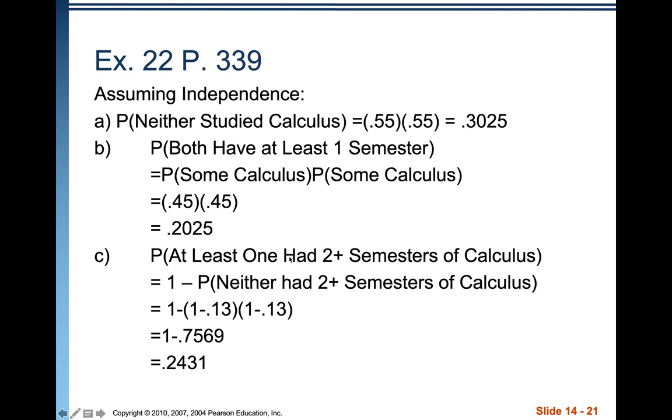So you can have the following situations: neither had 2 or more semesters of calculus, one had 2 or more semesters of calculus, or both had 2 or more semesters of calculus. So the easiest thing to do is to figure out the probability that neither one had 2 or more semesters of calculus, and then subtract that from 1. So it's going to be 1 minus 0.87 times 0.87, and so you get 0.2431.